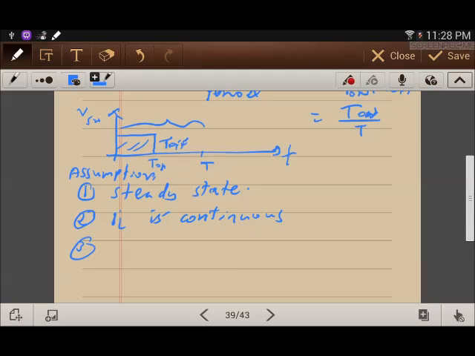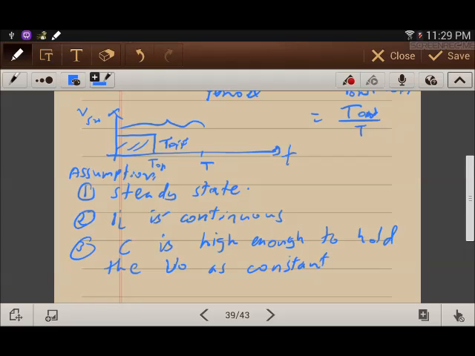Number three, the capacitance of the capacitor is very high, or high enough to hold the output voltage across the load as a constant voltage, meaning that the peak-to-peak ripple is equal to 0.